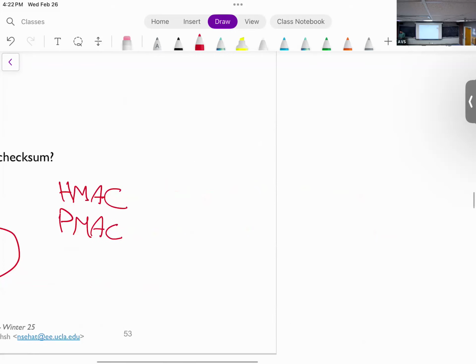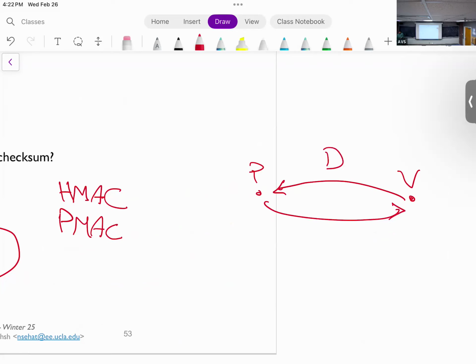If, for example, the verifier and the prover are sitting on two sides of a network, and this communication has some delays, then, as we talked about when discussing distance bounding, if there is a tiny bit of delay, like a delta or an epsilon, the adversary can basically remove this and add it to their computation.